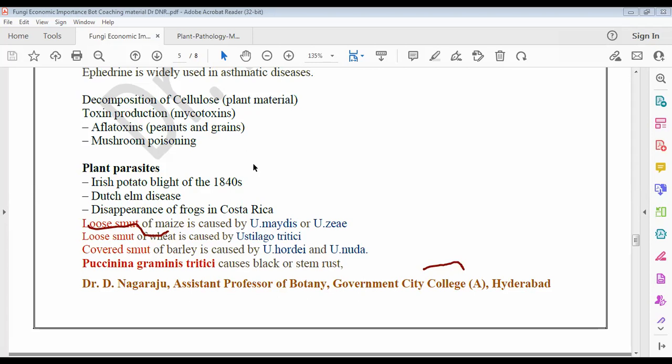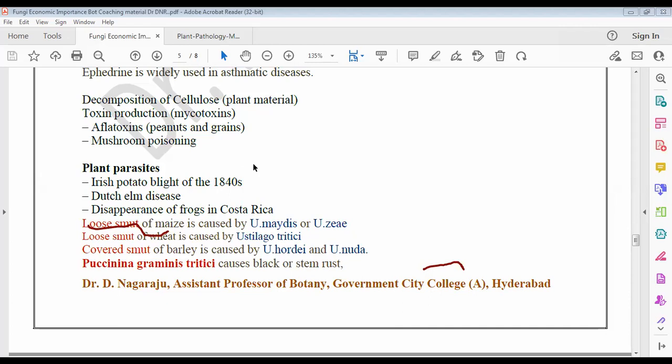On rice, Helminthosporium oryzae. Oh, Pyricularia oryzae, Helminthosporium oryzae. On rice, leaf spot disease. Leaf spot disease of rice caused damage to the total rice crop in West Bengal and Bangladesh. They starved and so many died.